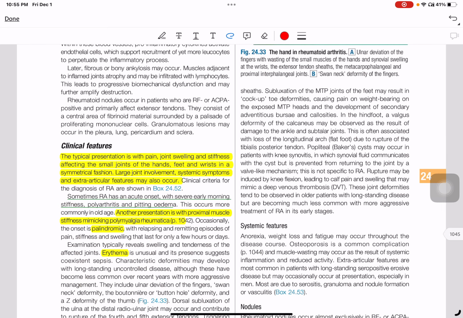So what are the clinical features? The clinical feature is actually arthritis, that is pain, joint swelling and stiffness, especially of the hand joints. This is in a symmetrical fashion. There may be some large joint involvement. Systemic symptoms may be present and morning stiffness is there.